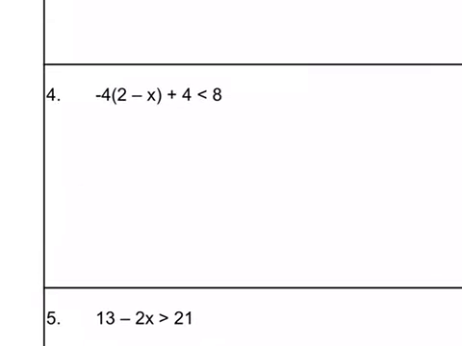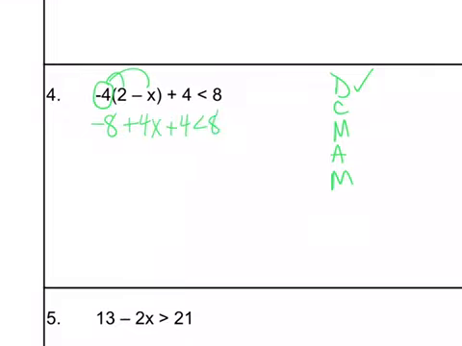Problem 4, when I use my don't call me after midnight, this time I do have parentheses that I need to distribute. So I take that -4 out front and multiply it to both pieces. So -4 times 2 is -8. -4 times -x is +4x, and leave the other parts alone.